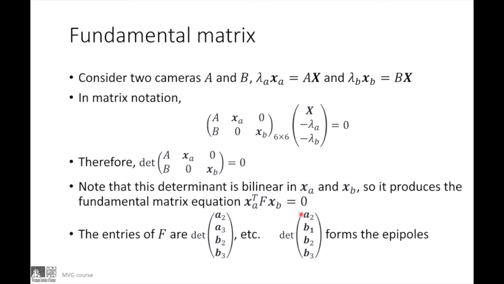And the same thing, the second epipole, you will get from 3 rows of A and 1 row of B. So this is an interesting connection between the determinants of this matrix, the fundamental matrix and the epipoles. And we're going to use it to determine the projective depth, if you remember. We'll remind you in a minute.